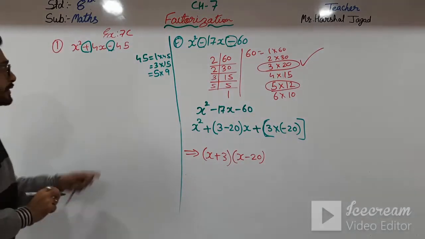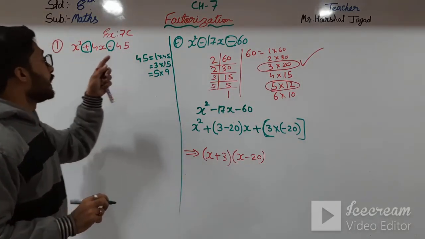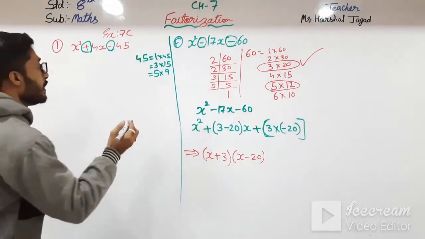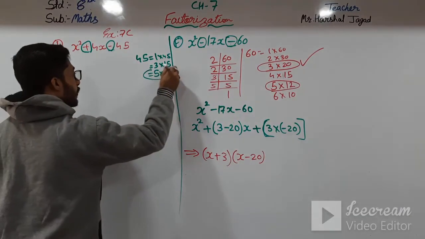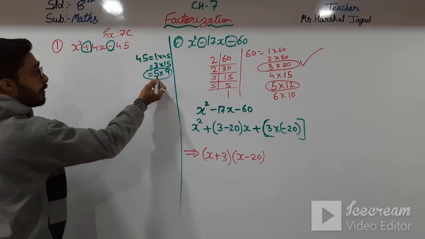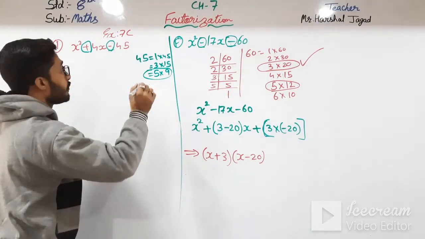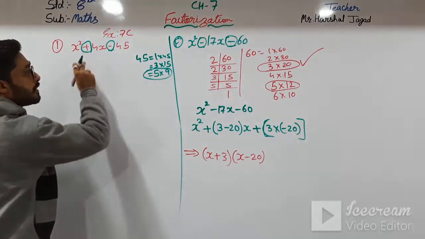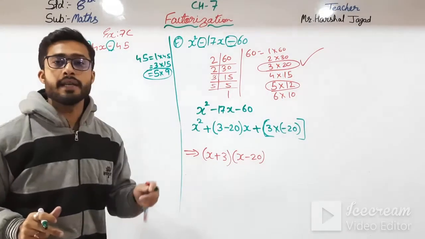So we have 3 options over here, and here we have to take one negative. So I can take this one. Why? Because 9 minus 5 is 4, and 9 fives are 45.